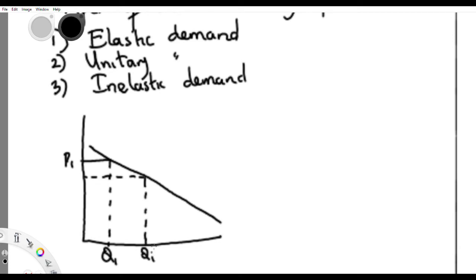We can see from just this diagram that there's a small change here, price 2, then there's a great change here, quantity 2. So this kind of demand is called elastic demand. A small change in price leads to a great change in quantity demanded. Here the elasticity is greater than 1, greater than unitary. This is for elastic demand.